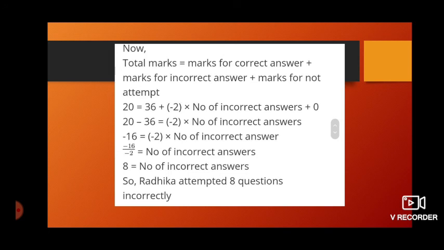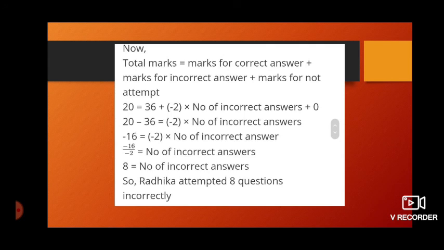Now 20 minus 36 will give minus 16, because 20 is positive, 36 is negative, so we do the subtraction. After subtraction, we get 16, and 16 takes the sign of the bigger number, minus 36. So minus 16 is equal to minus 2 into the number of incorrect answers.